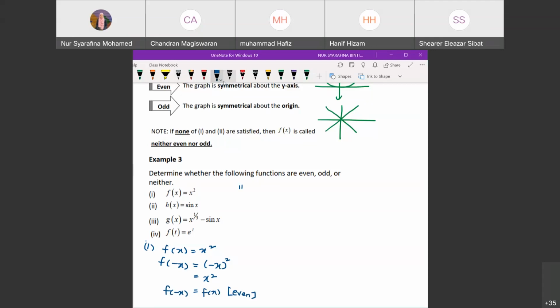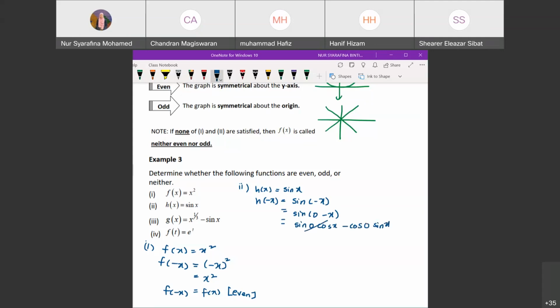Right, second one, h(x) equals sine x. So h(-x) equals sine(-x), where sine(-x) equals sine(0 minus x). By identity, this can be written as sine 0 cos x minus cos 0 sine x.